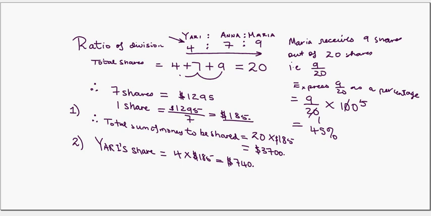A sum of money was to be shared among 3 friends, Albert, Bruce, and Christine, in the ratio 3 to 7 to 10. Full stop.